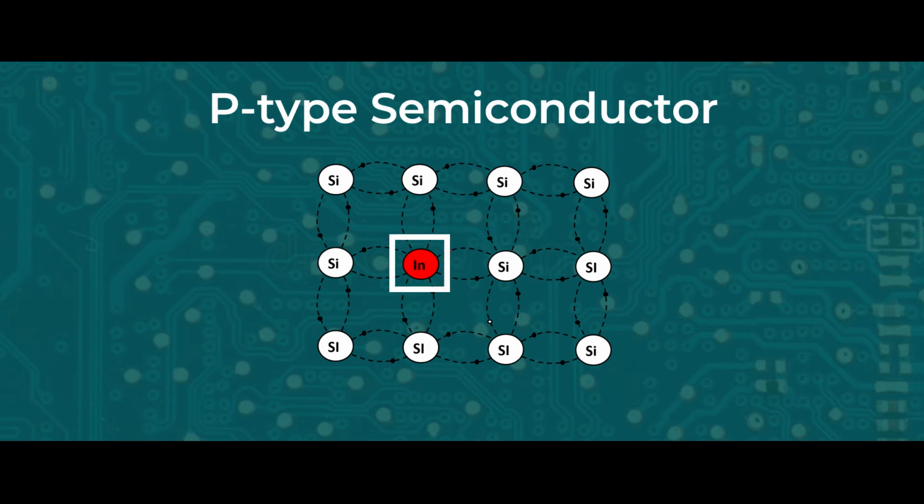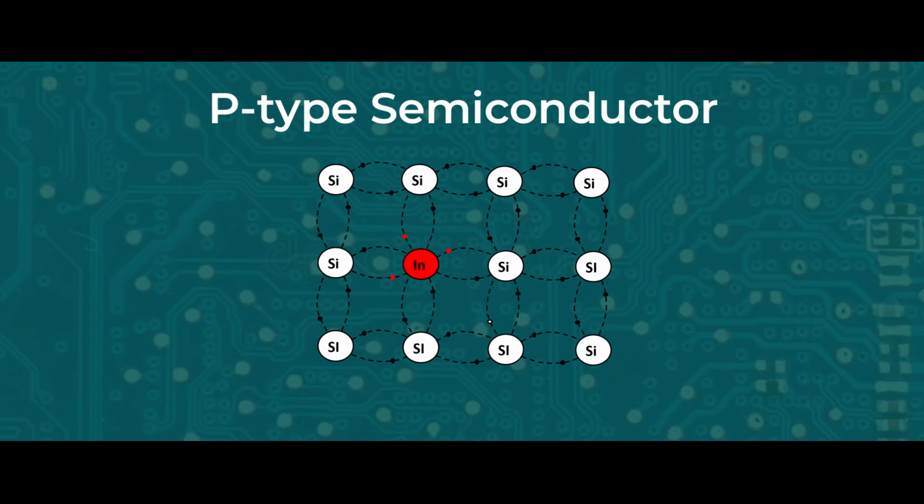Indium, since it has got only 3 valence electrons, it uses all the 3 valence electrons, and now it has shortage of 1 electron to form one more covalent bond with the neighboring silicon atom. You can see the red colored dots denote the electrons of the impurity indium atom.